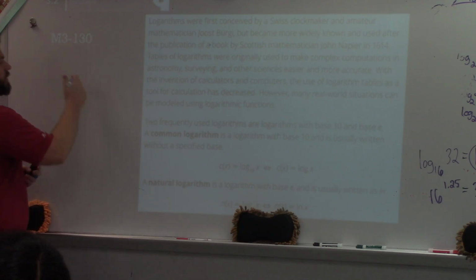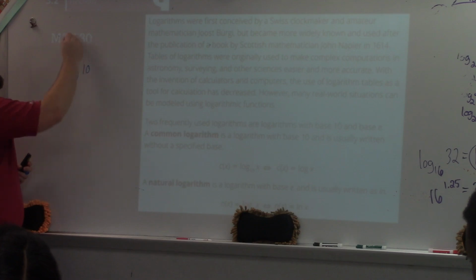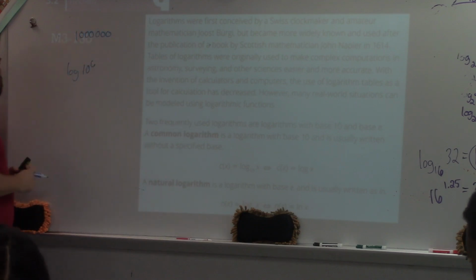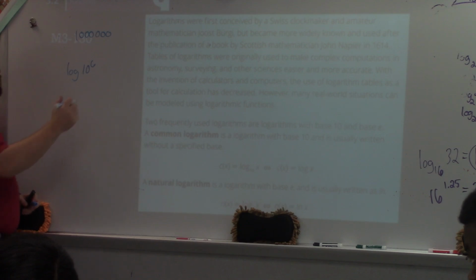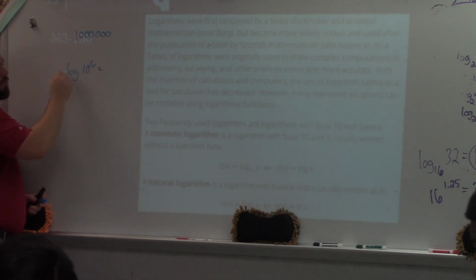We can already start to see this. The common log of, actually let's do this, 1 million is what? 10 to the 6th? Okay? Yeah, 10 to the 6th. I want you to notice something really quickly. First off, these are inverses, aren't they? So the logarithm of 10 to the 6th is just going to equal what? 6.